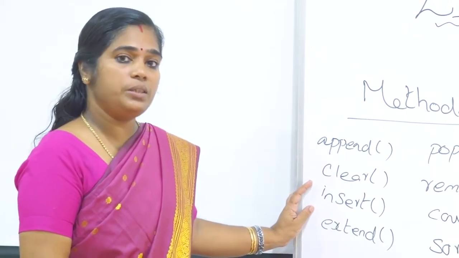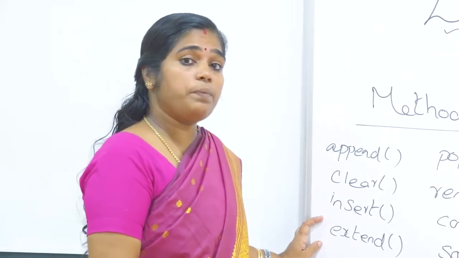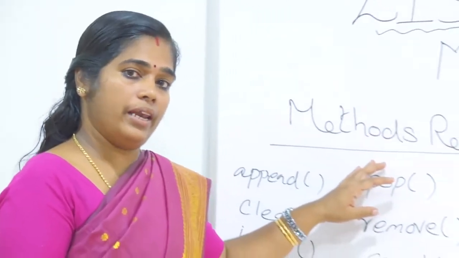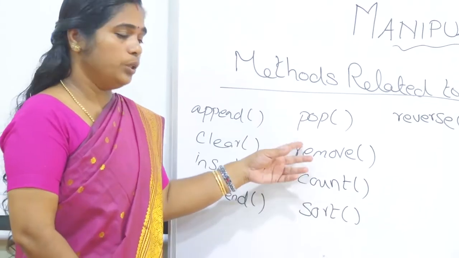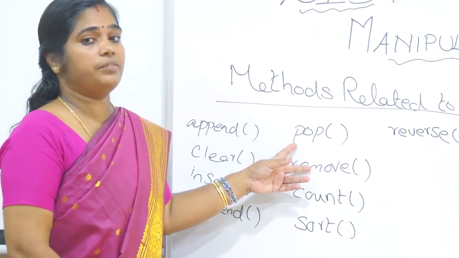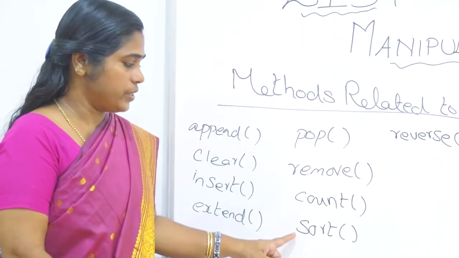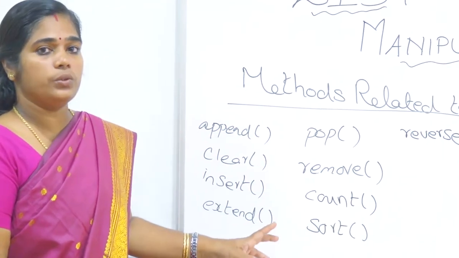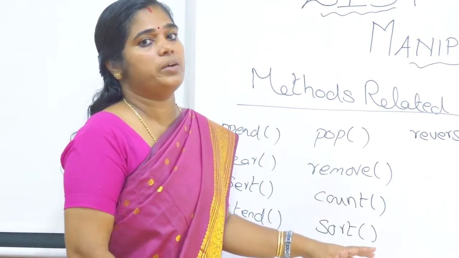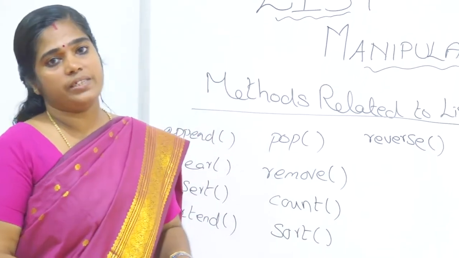Insert adds an element in between the list. Extend adds multiple values inside a list. Pop removes an element from the list. Remove also removes the element of the specified value, and count counts the value inside the list. Sort arranges the values in the list in ascending or descending order, and reverse reverses the elements in the list.